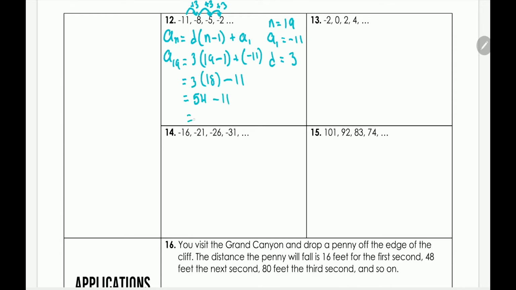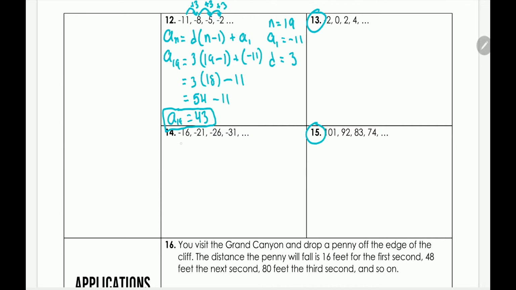And 54 minus 11 gives us 43. So 43 should be our 19th term. So remember to put your answer in a box. And there we go. I want you to try number 13 on your own. I also want you to try number 15 on your own. Let's do number 14 together.